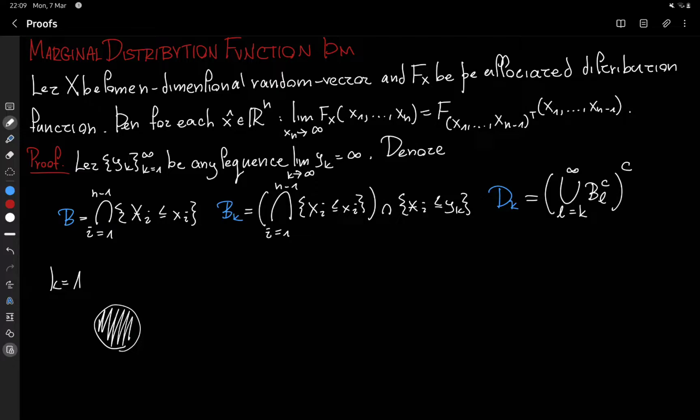Nothing much interesting. Suppose that we had k equal to 2. Then we will have the union of the complements of these two sets, and then the complement of it as well. So the union of the complements would be something like this, and its own complement then is their intersection. And we could go on like this by analogy.